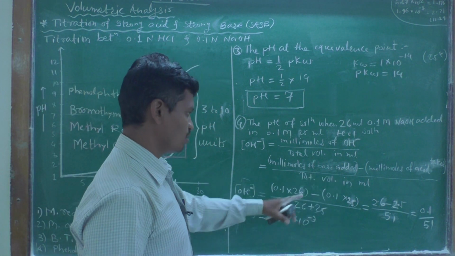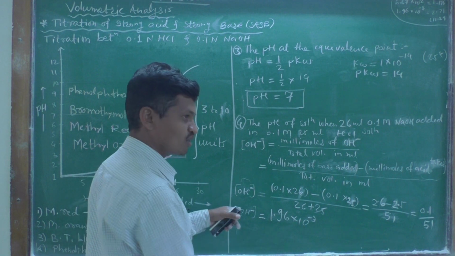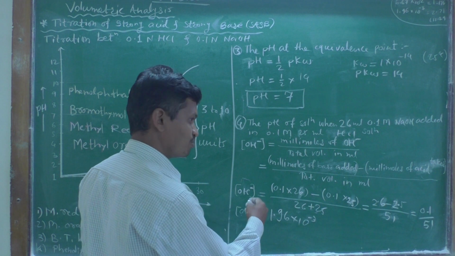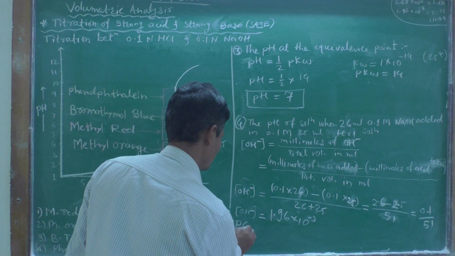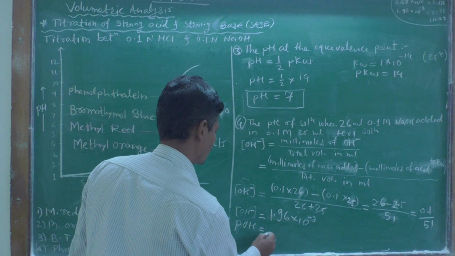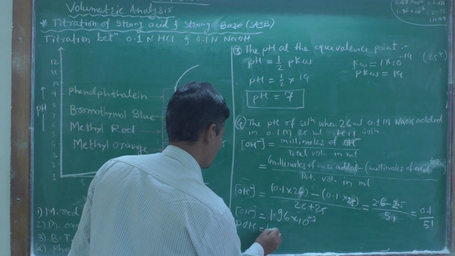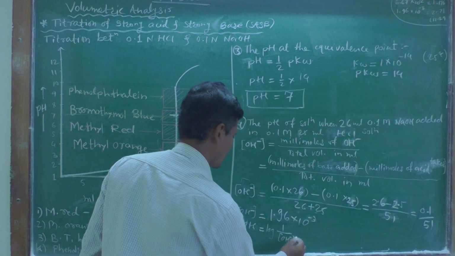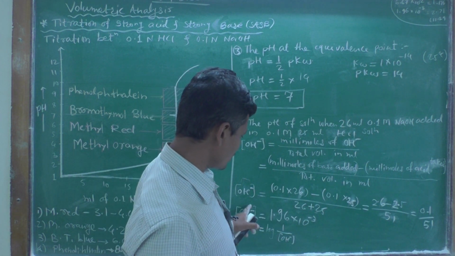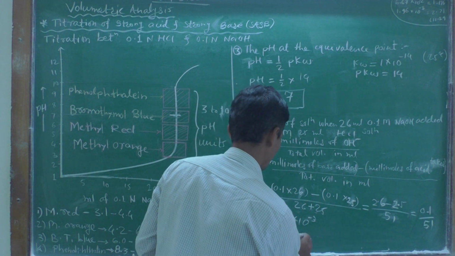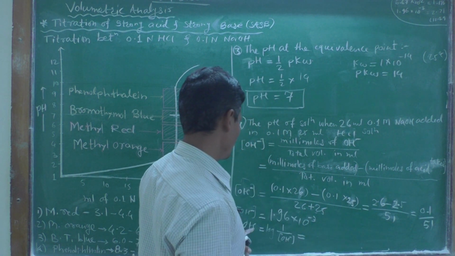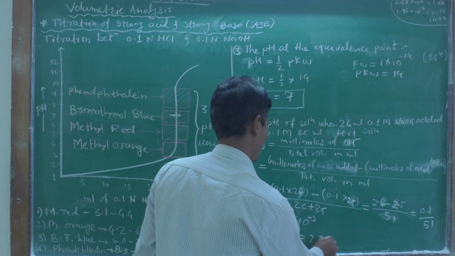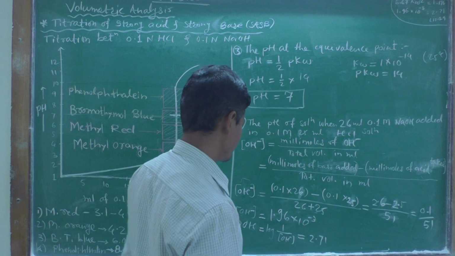You can solve this by using a calculator. Now this is the OH minus ion concentration. How will you convert it into pOH? So pOH is equal to log to the base 10 of 1 upon OH minus ion concentration. Okay, so by putting the value of this OH minus ion concentration in this equation, the pOH will become 2.71. Okay, you can solve this.